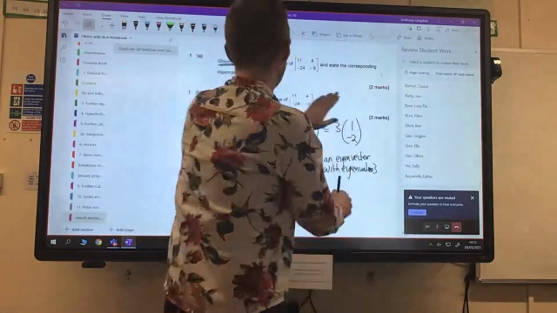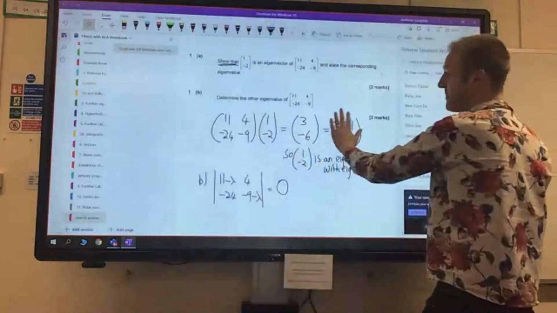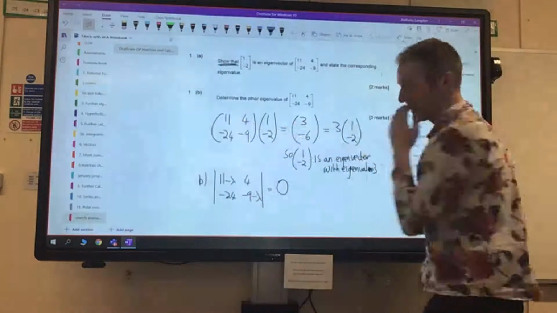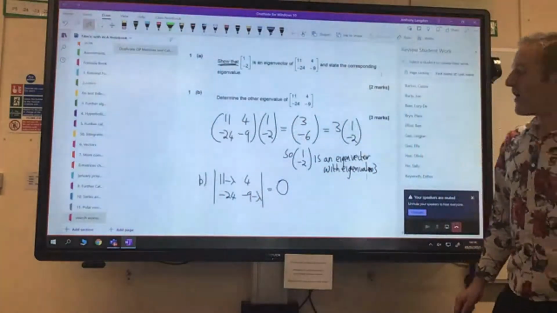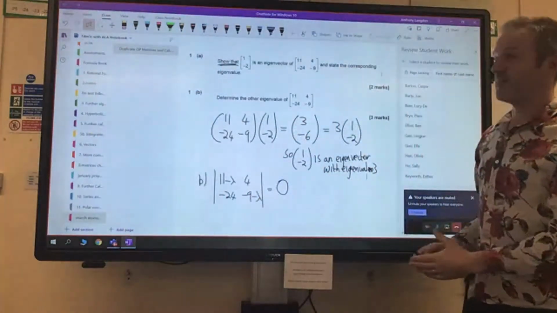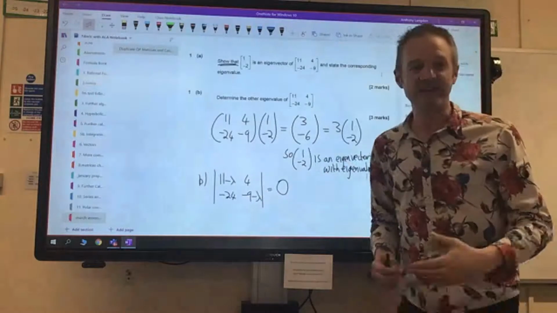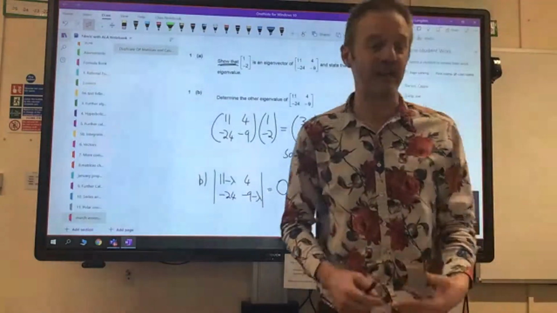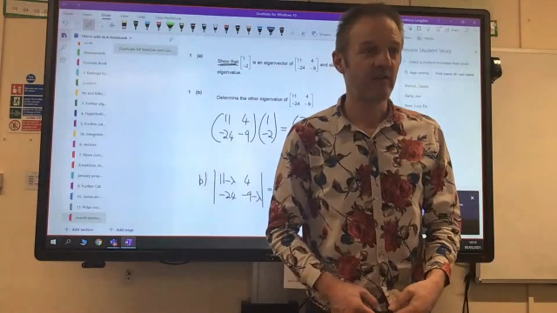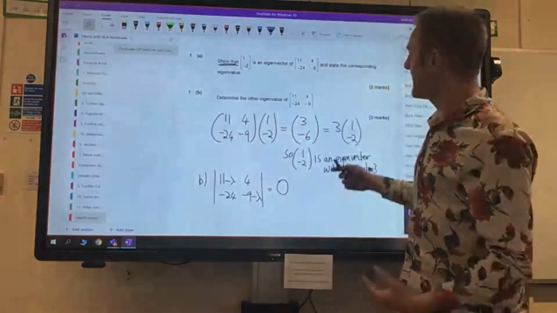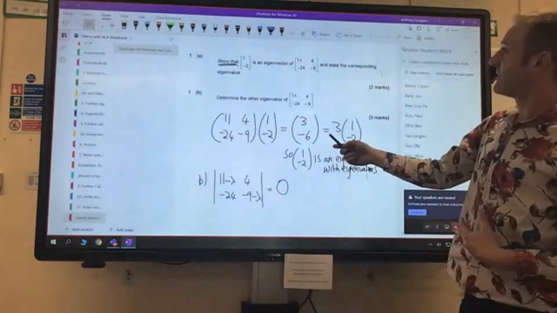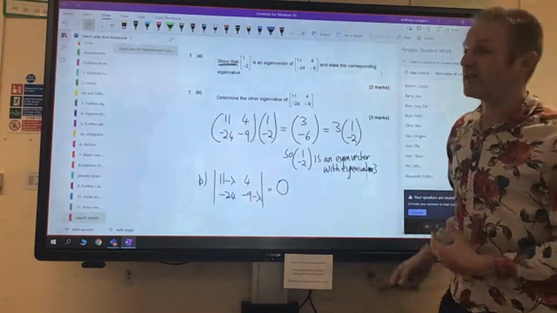Whatever vector you give me, I could have done that first step. I can multiply any vector I like by a matrix. If the resultant vector is a multiple of the first vector, then it is by definition an eigenvector. So I haven't used anything in there. I haven't used the fact that it is an eigenvector.